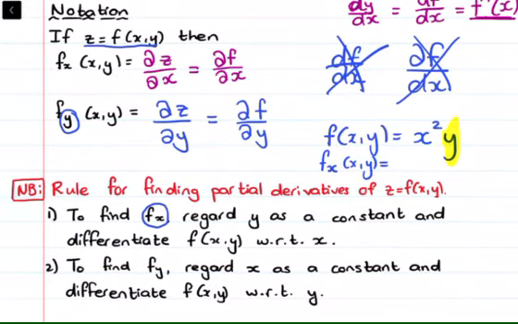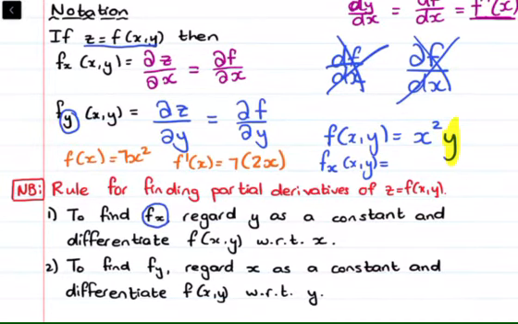Recall this. If you had to find the derivative of f of x is equal to x squared, let's say 7, what would the answer be? F prime at x would be equal to 7 multiplied by the derivative of x squared, which is 2x.